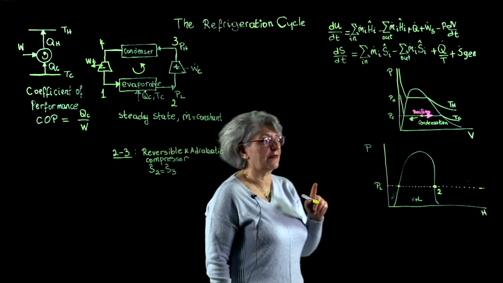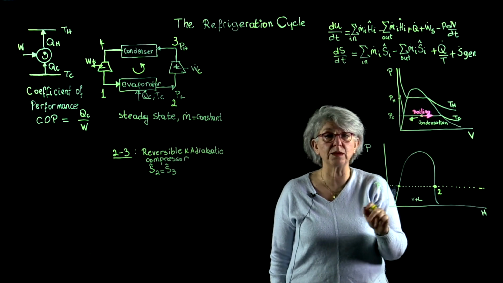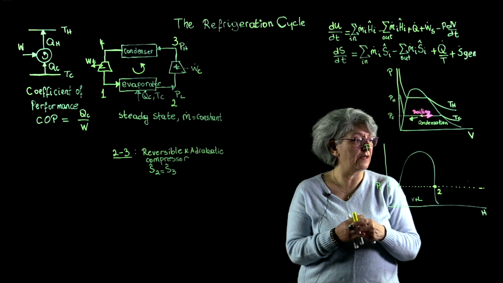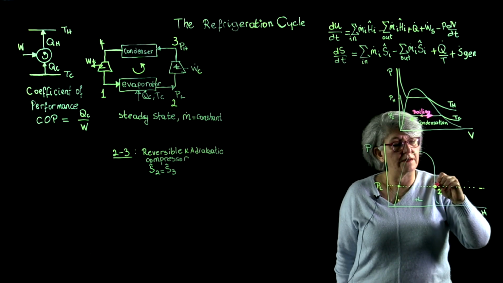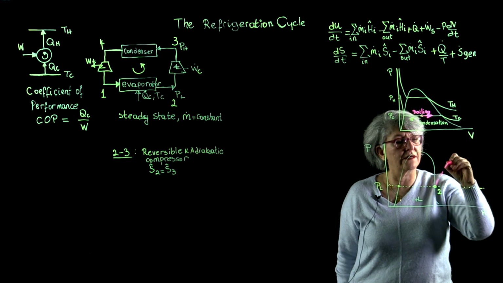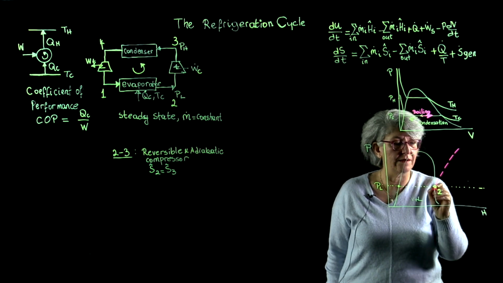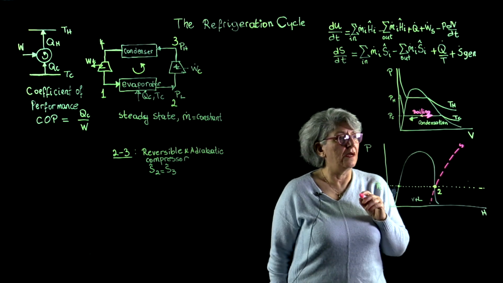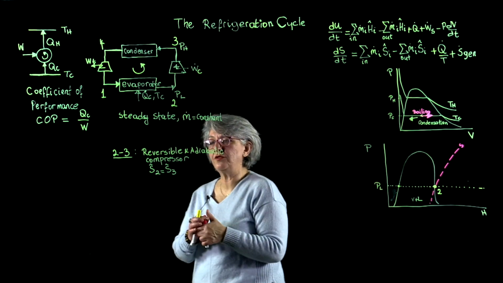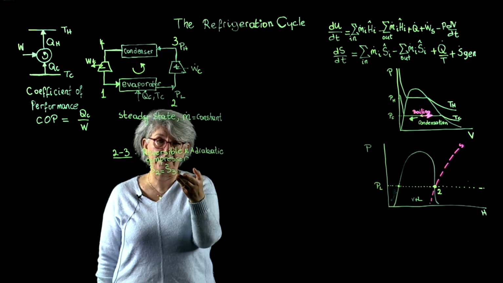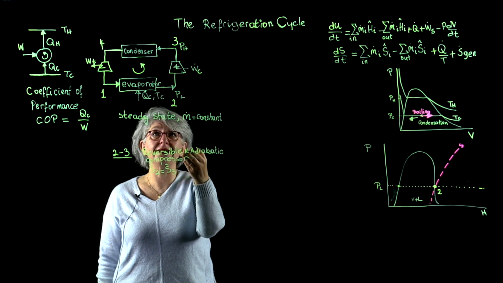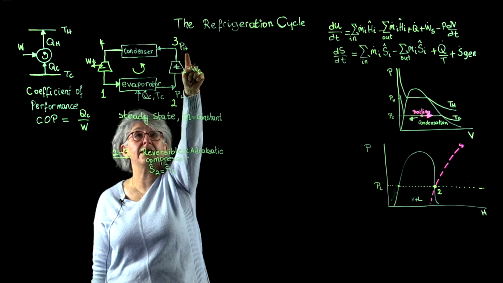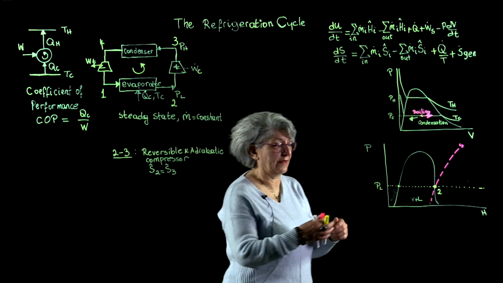On my pH diagram, the constant entropy lines go like this. Let me use a different color. The constant entropy lines go like this. All right? So I'm going to follow a constant entropy line until I arrive at the high pressure P sub H at point 3.